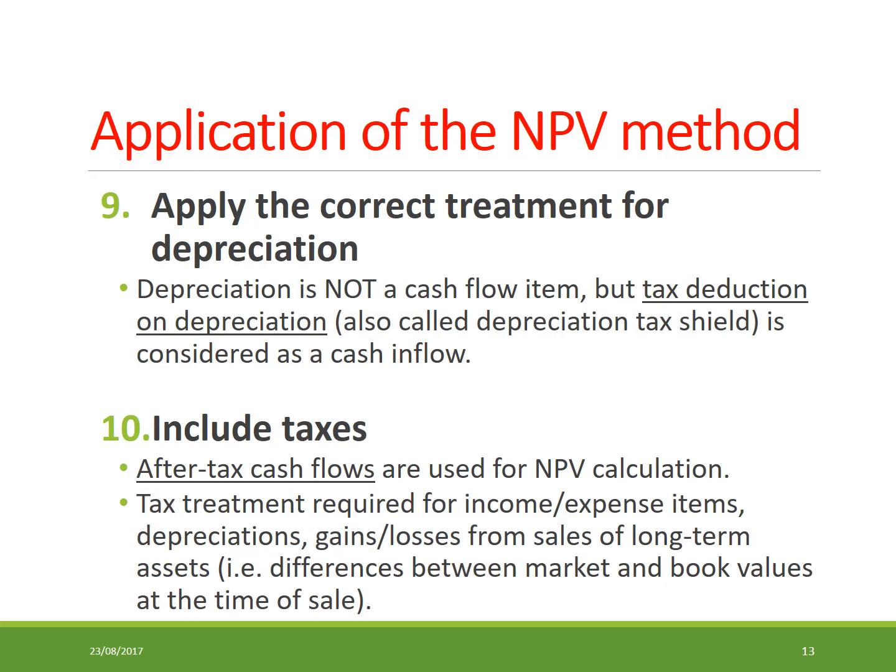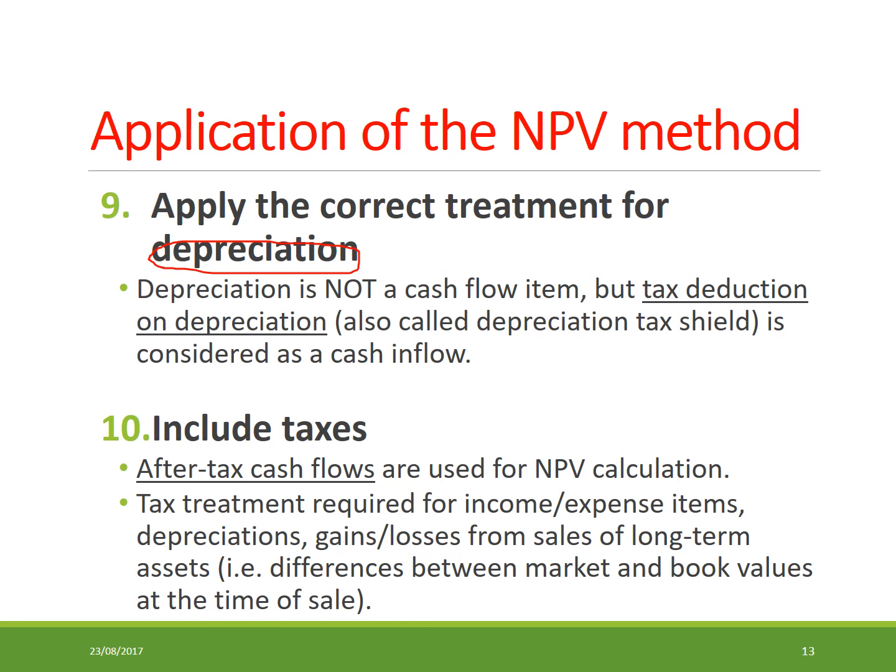Depreciation and taxes. So we mentioned before that depreciation is a non-cash item, and therefore it should not be accounted for in our free cash flow analysis. But the tax shield on depreciation, because depreciation is an expense, we save some taxes on depreciation, right?